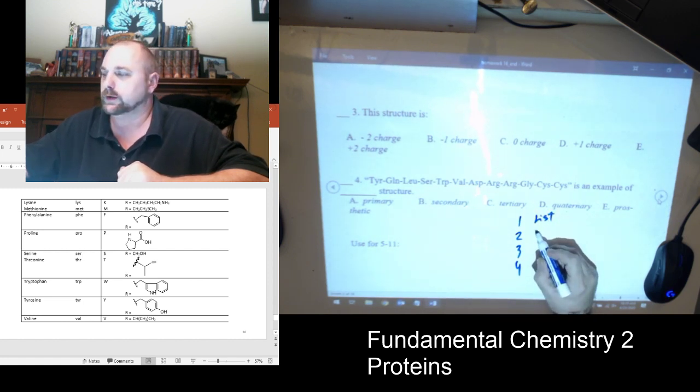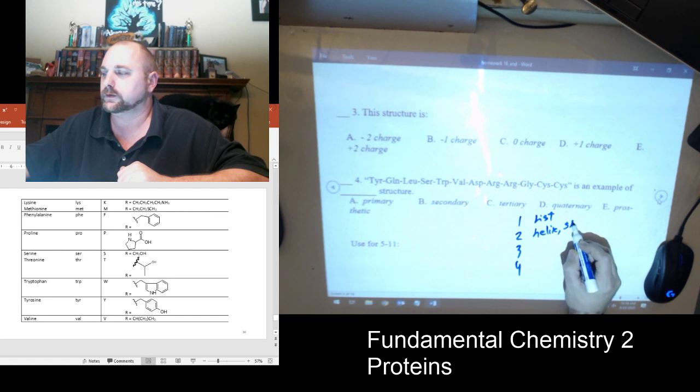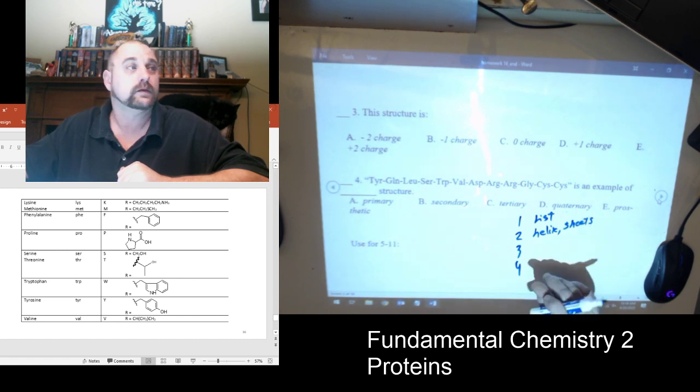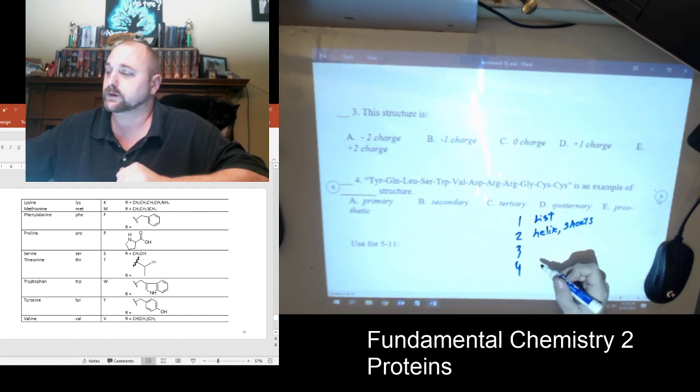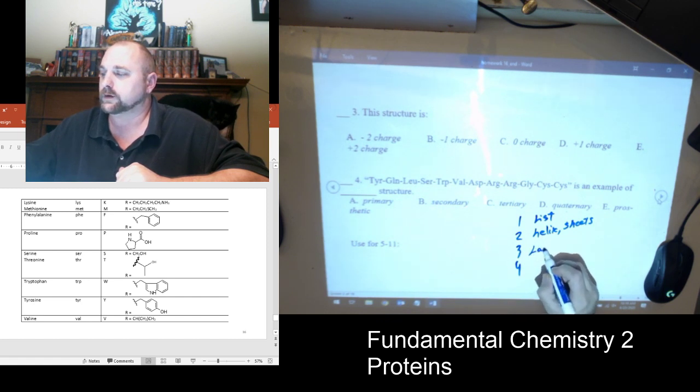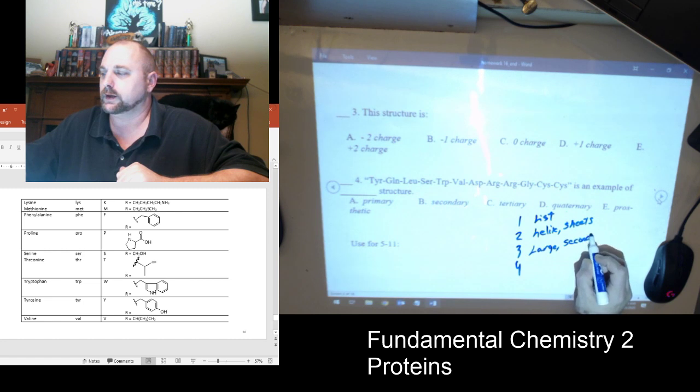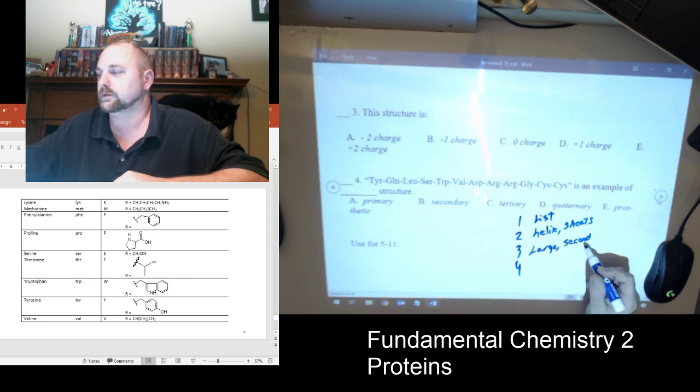Secondary is where we get our helix and our sheets, and that's how it twists or folds in on itself. Tertiary is the large folds.